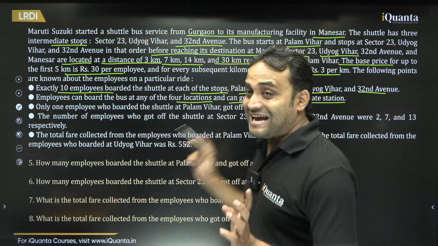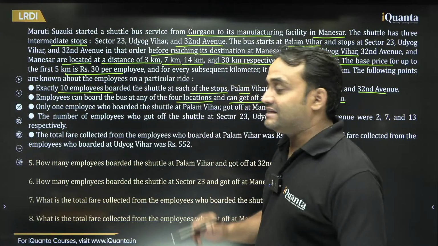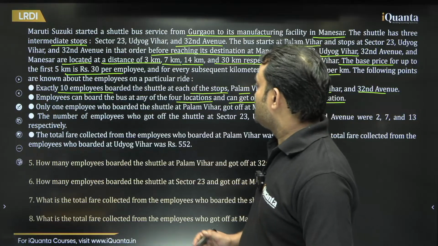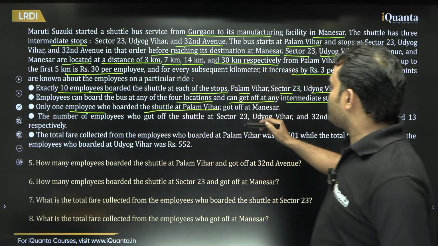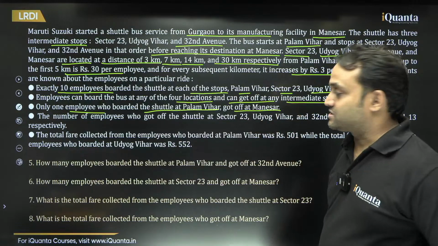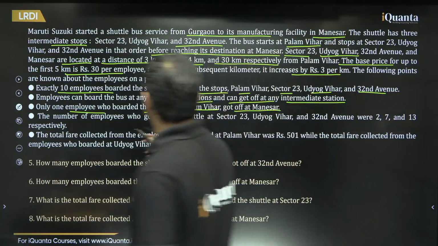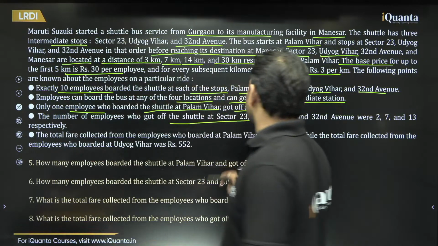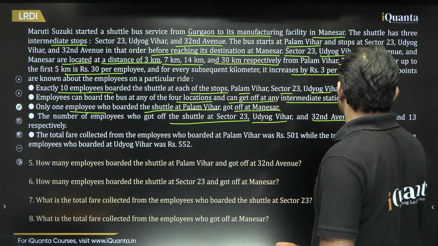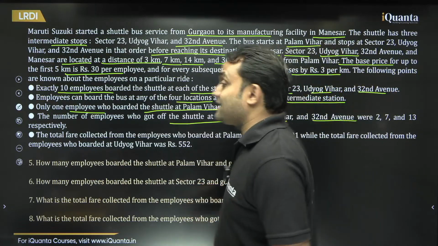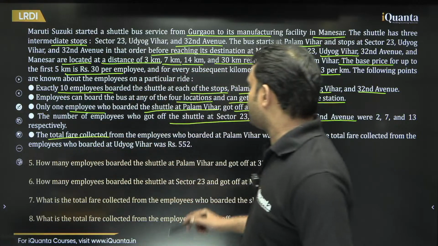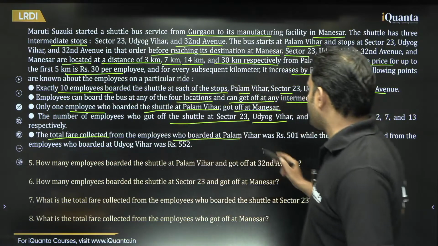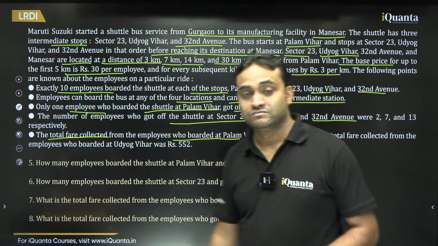So exactly 10 employees boarded at these 4 stops. Then it says only one employee who boarded the shuttle at Palam Vihar got off at Manesar. The number of employees who got off the shuttle at Sector 23, Udyog Vihar, 32nd Avenue were 2, 7 and 13 respectively. The total fare collected from the employees who boarded at Palam Vihar was 501.